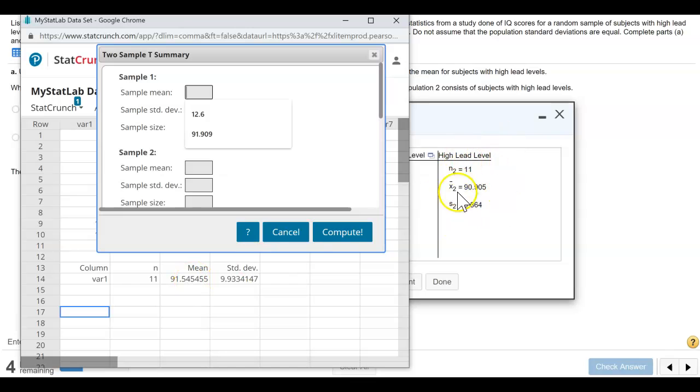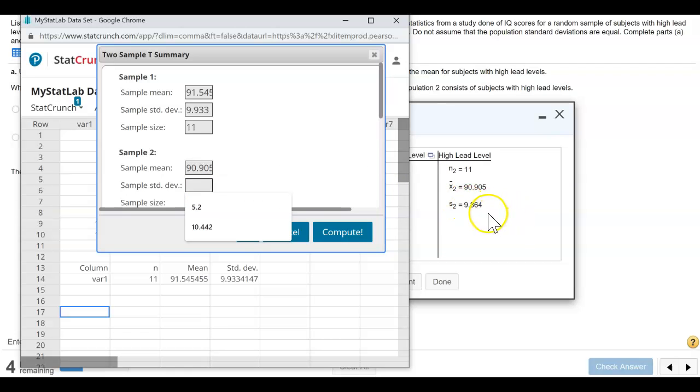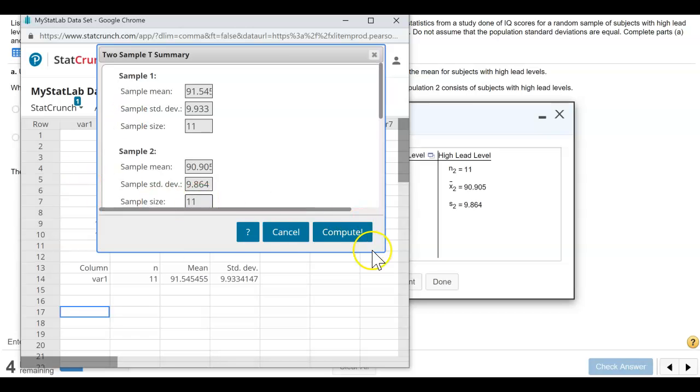I'm going to round the first sample to 3 decimals as well, since the statistics in the second sample are rounded to 3 decimals. Sample standard deviation 9.933. Sample size 11. The second sample, sample mean 90.905. Sample standard deviation in the second sample 9.864. Sample size also 11.